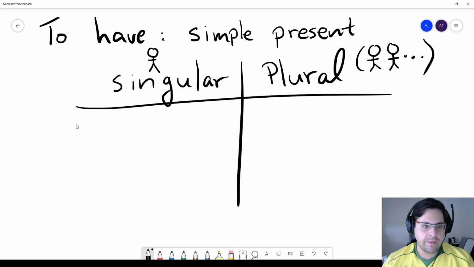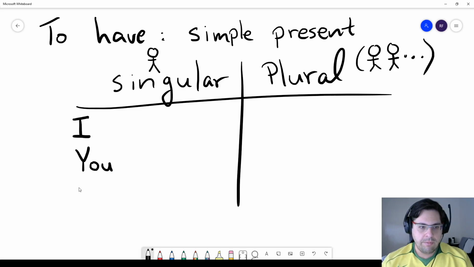Okay. For our singular side, we have our singular subject pronouns I, you, he, she, it.